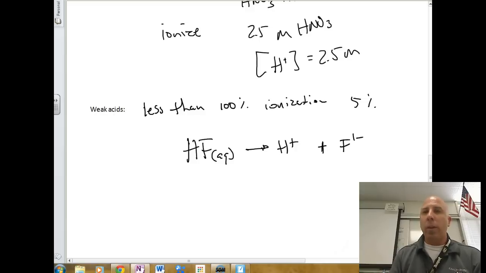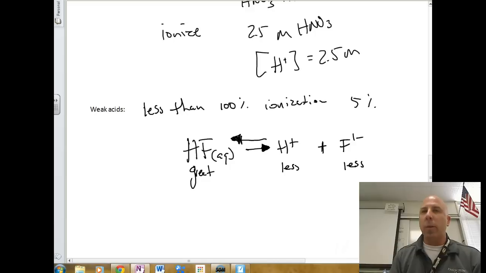And really what's happening here is we do get an equilibrium occurring, and we'll spend a lot of time talking about equilibrium, denoted by an arrow. The concentration of the HF in a solution is going to be great, but the concentration of the hydrogen ion and the fluoride ion are going to be a lot less.